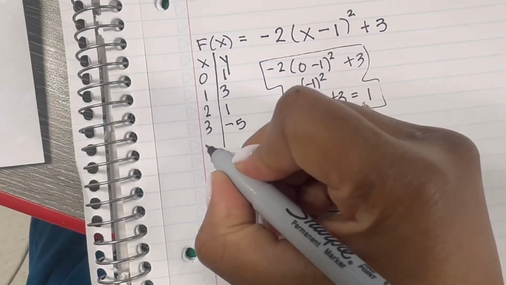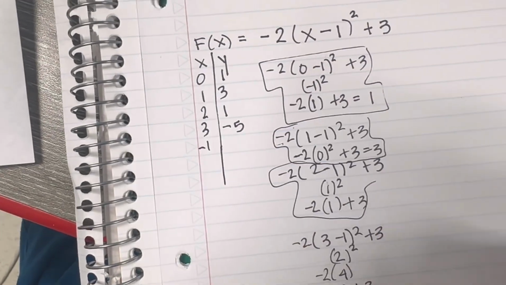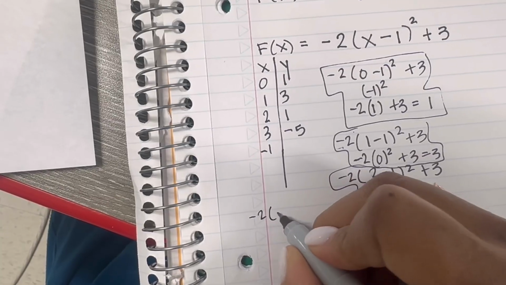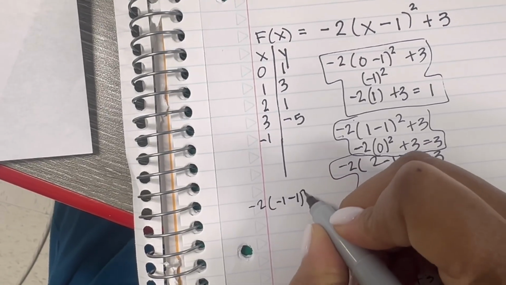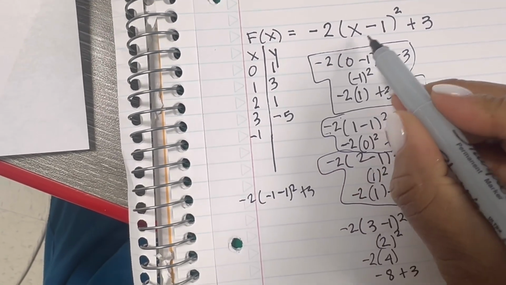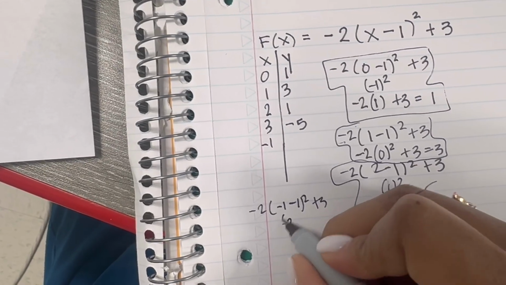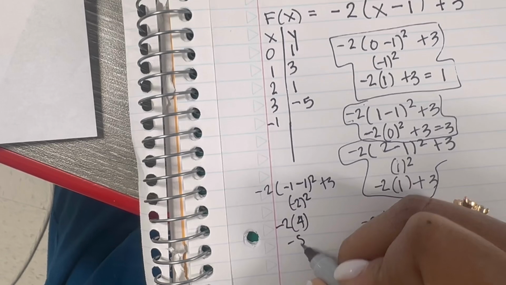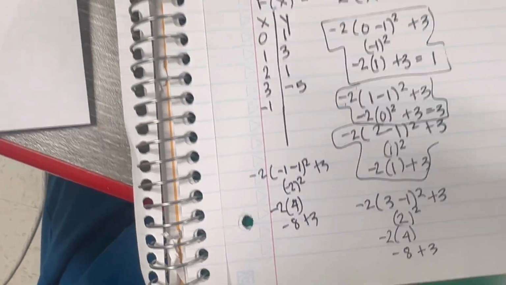Hey, let's try negative 1. We're just trying different numbers. Okay, negative 2 times negative 1 minus 1 squared plus 3. Negative 1 minus 1 is negative 2. Negative 2 squared is 4. Times negative 2 is negative 8, plus 3. That's also negative 5.